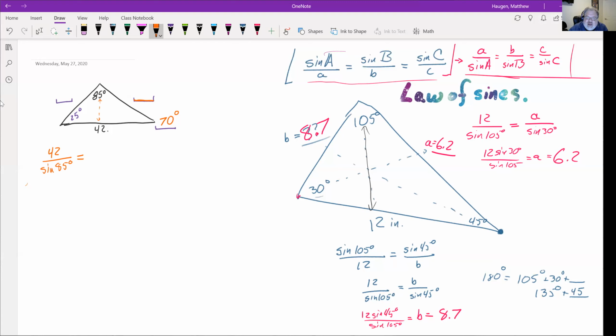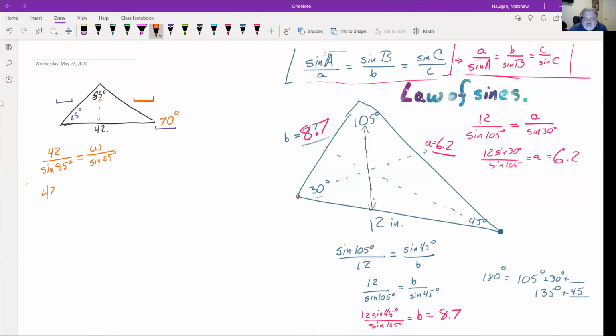So we know that has to be equal to the side we're looking for. It doesn't have to be called A's and B's and C's. We could call it W. It doesn't matter. Don't get fixed on these having to be A's, B's, and C's or alphas, betas, and gammas. So I'm going to call that side W, in ratio to the sine of 25 degrees.